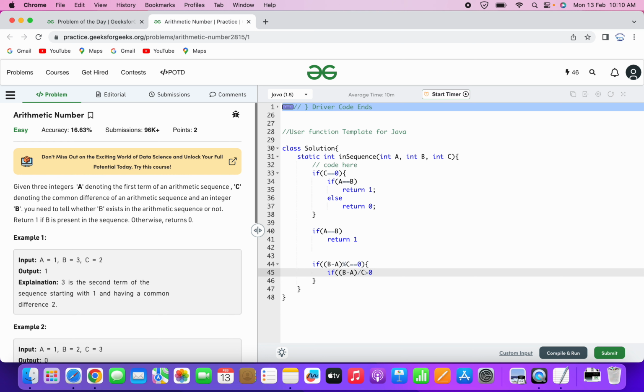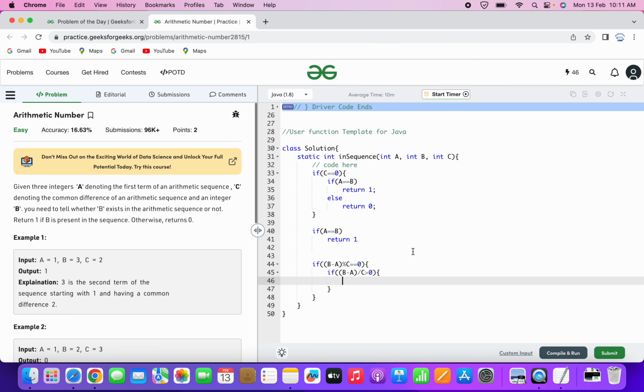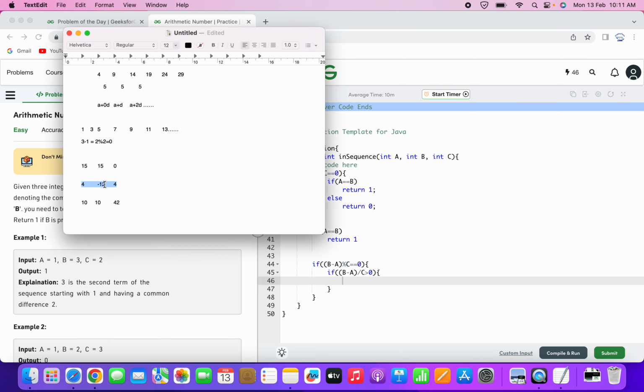See, this condition is required here for the other scenario which I have discussed, that here B minus A is minus 8 by C. If this is the case, then if you divide this one, it will become negative.